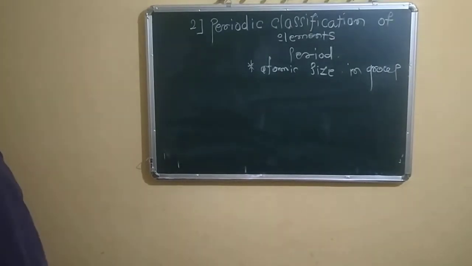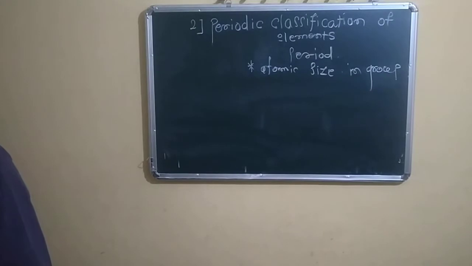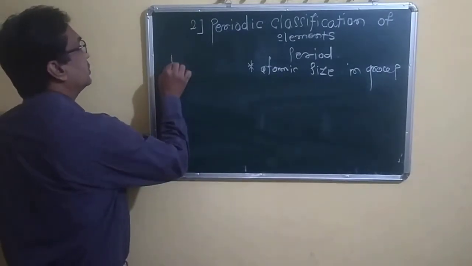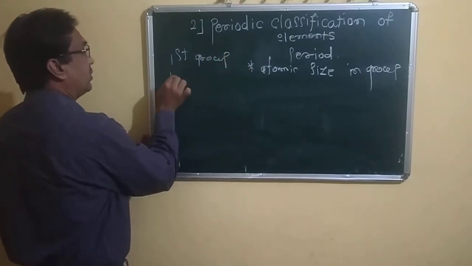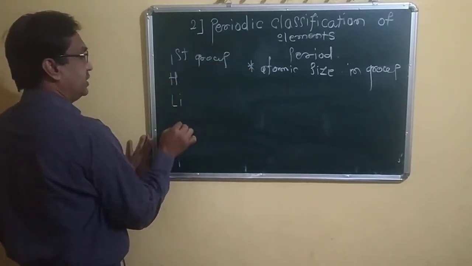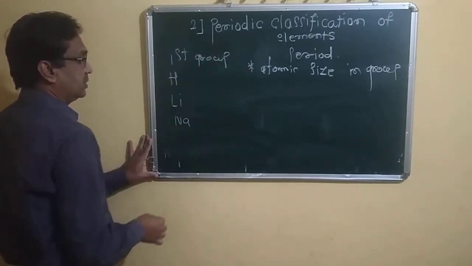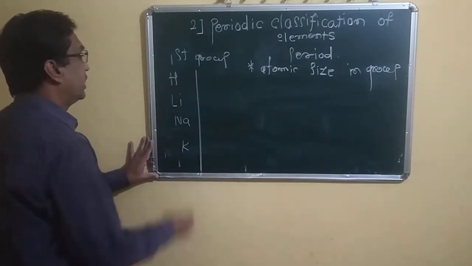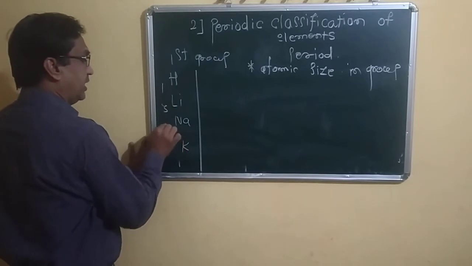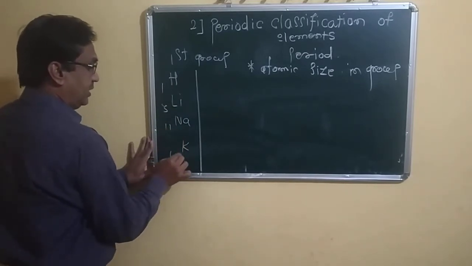For that, we have taken the first group. In the first group, hydrogen is there, lithium is there, sodium is there, potassium is there. Atomic numbers 1, 3, 11 and 19.